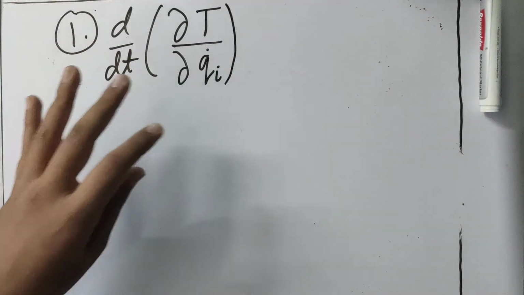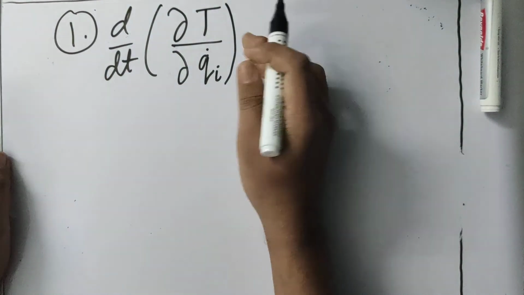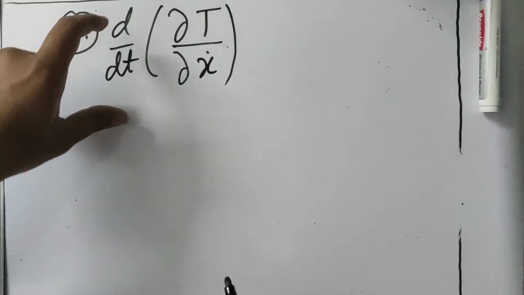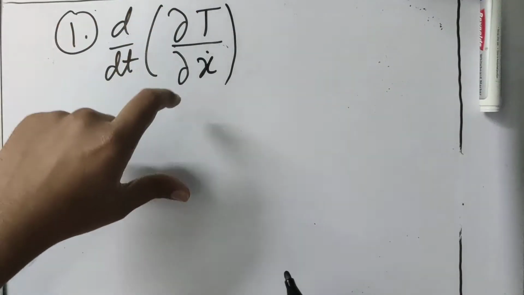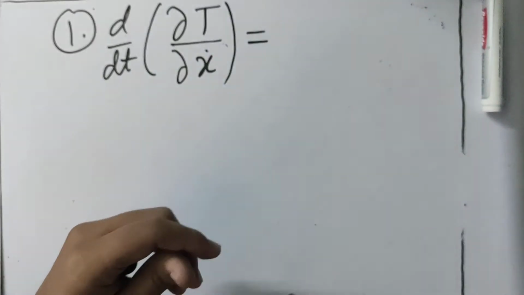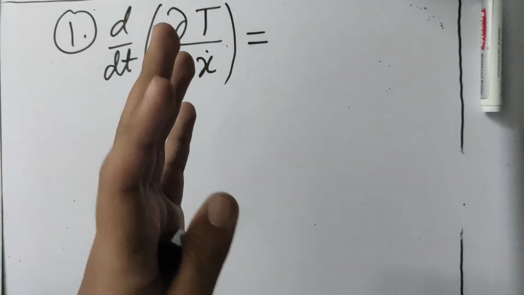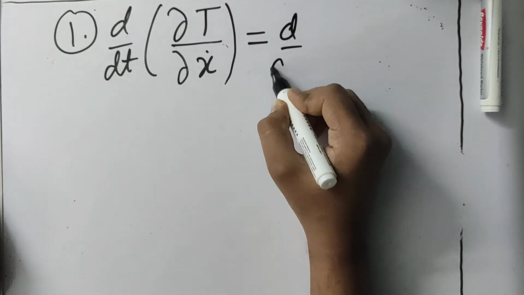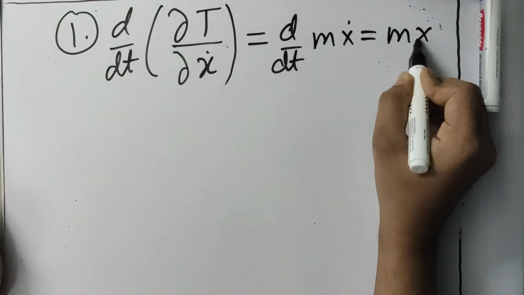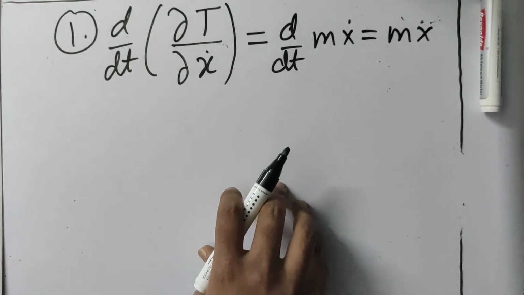This is general. Now in our case the generalized coordinate is x, so this becomes x dot. So what is the derivative of partial of T with respect to partial of x dot? We know T was half m x dot squared, so the derivative of x dot squared is 2 x dot, and that half cancels with that 2, so we are left with d by dt of m x dot, and that basically is again m x double dot. This is our first term.